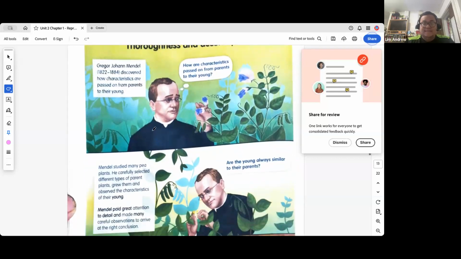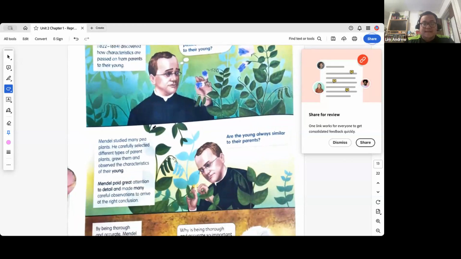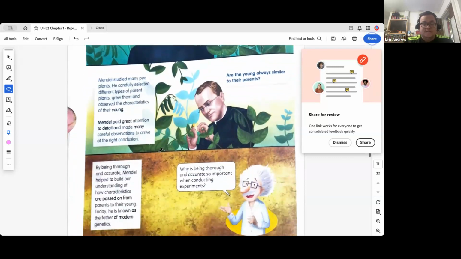He studied many plants. He carefully selected different types of plants and grew them to observe the characteristics of the young. He paid great attention to details and made many careful observations to arrive at the right conclusion.